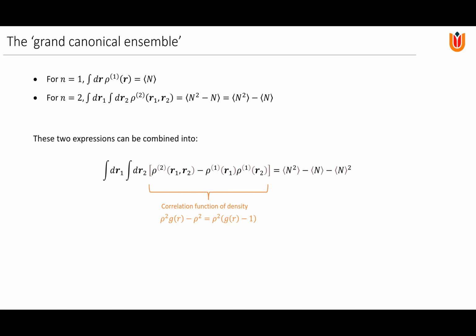So we're going to fill that in. I'll write this down in a Word document so that you can follow it a little bit. The final result is interesting: on the left hand side we have this expression, and on the right hand side we have the average of n squared minus the average of n, squared, and that is the definition of variance. Getting back to the earlier question, the variance is of the number of particles in the volume.